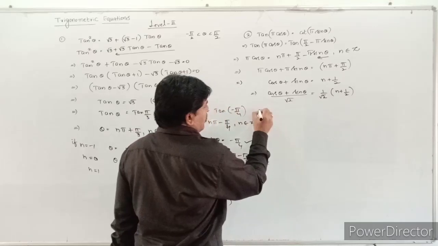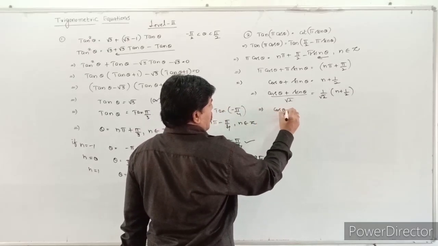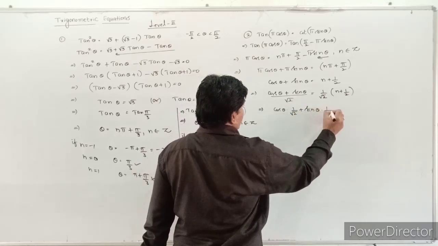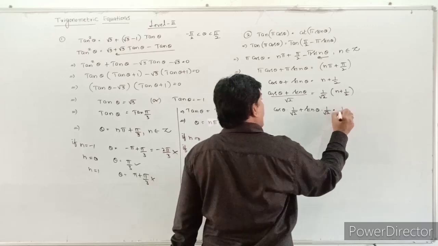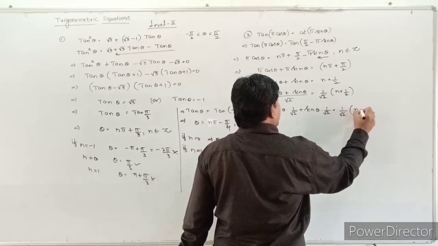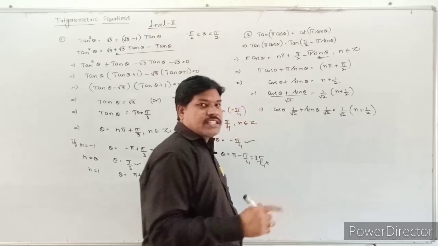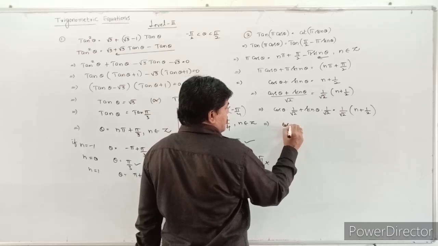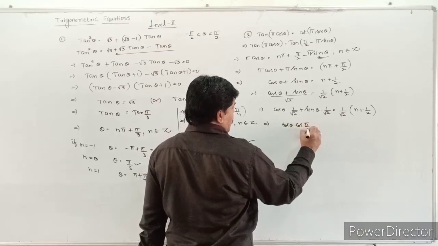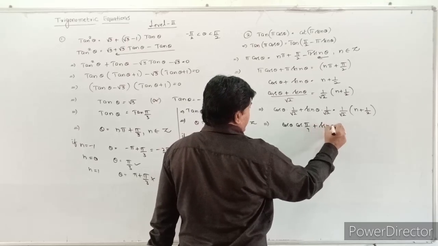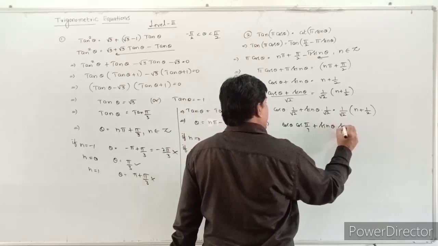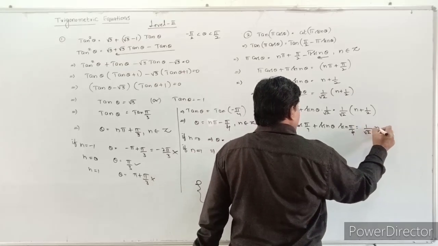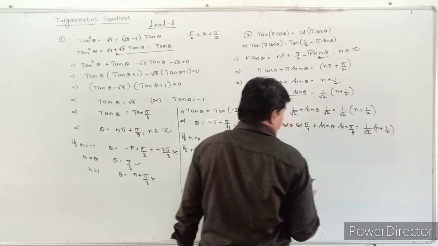This can be written as cos theta into 1 by root 2 plus sin theta into 1 by root 2, equal to 1 by root 2 into n plus 1 by 2. So what happens, students? Cos theta times 1 by root 2 can be written as cos theta cos pi by 4, plus sin theta times 1 by root 2 can be written as sin theta sin pi by 4, that is equal to 1 by root 2 into n plus 1 by 2.